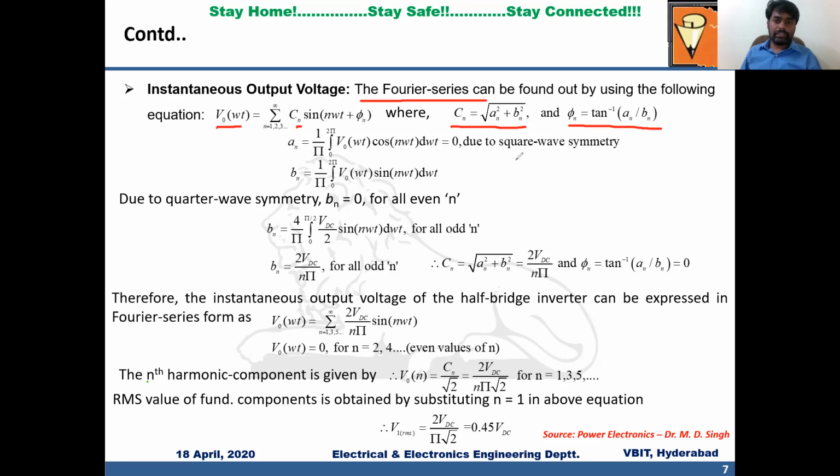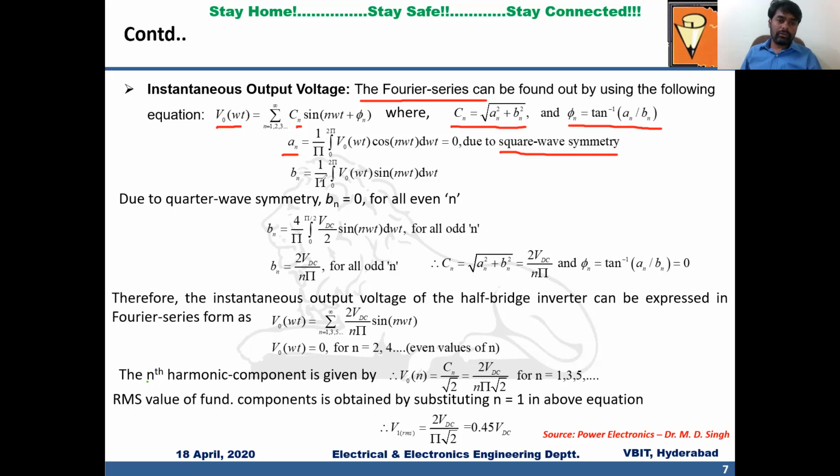And just now we have seen it is a square wave symmetry. So with square wave symmetry, I can write an equal to 1 by pi, with limits alpha to 2 pi, V naught of omega t cos n omega t d omega t, and that will give 0. This is due to square wave symmetry.